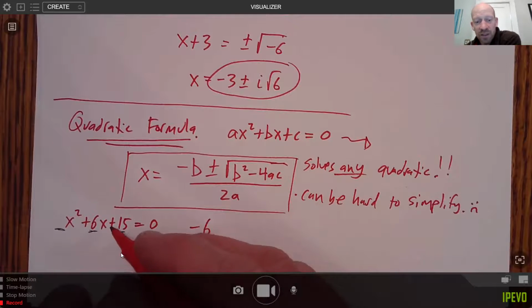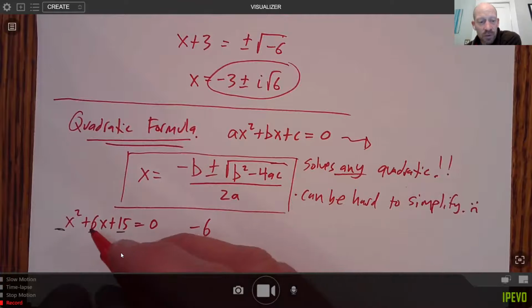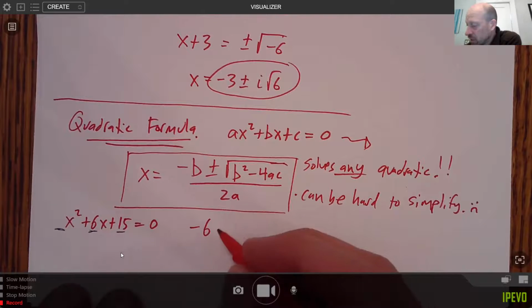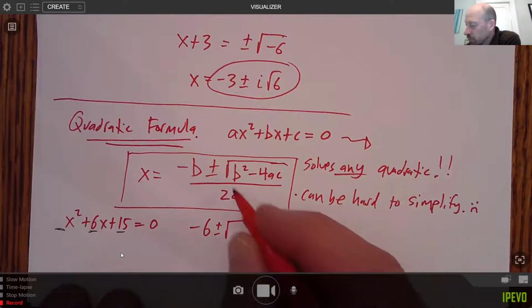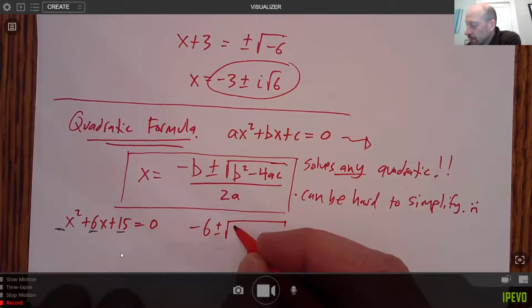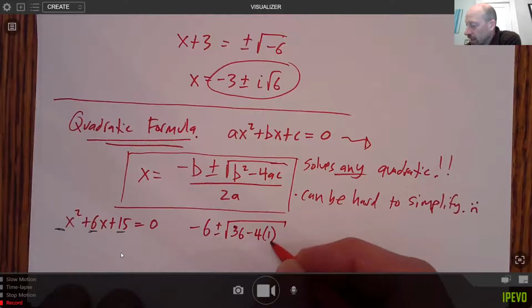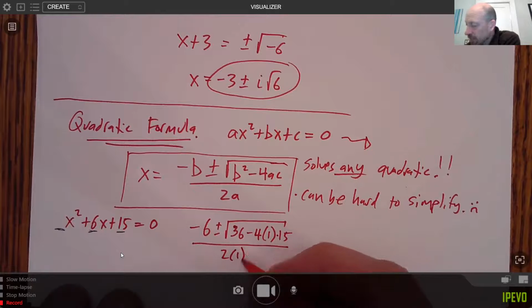If this was minus 6, it'd be plus 6. This is plus 6, so it's minus 6 plus or minus the square root of b squared, which is 36, minus 4 times a times c. And that whole thing is divided by 2 times a.